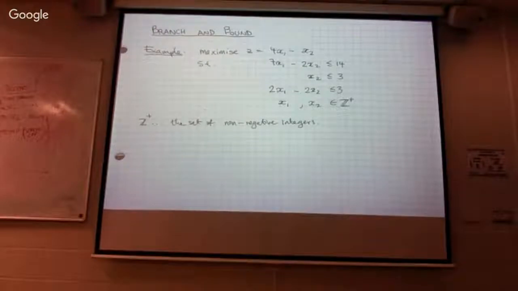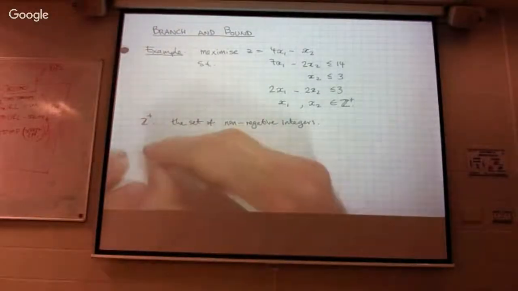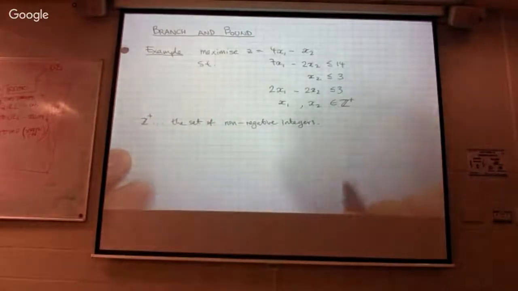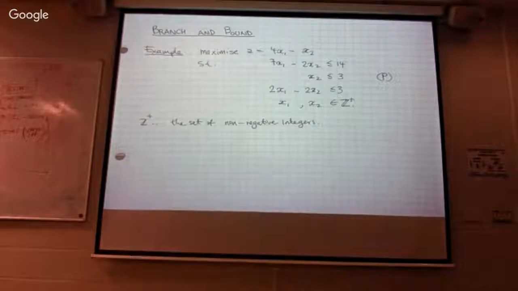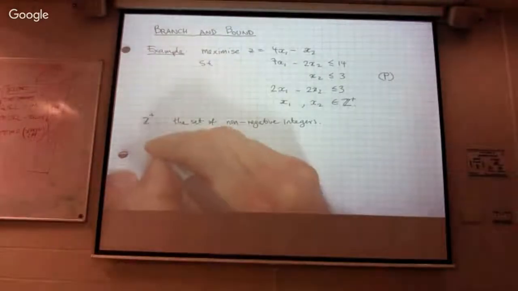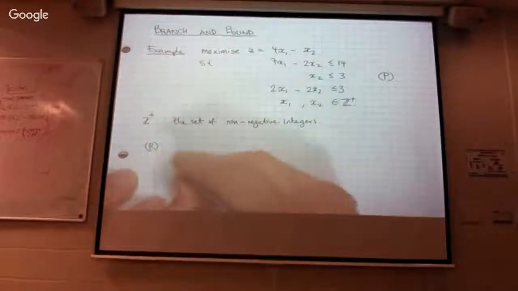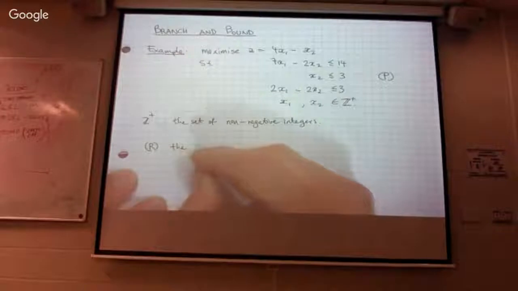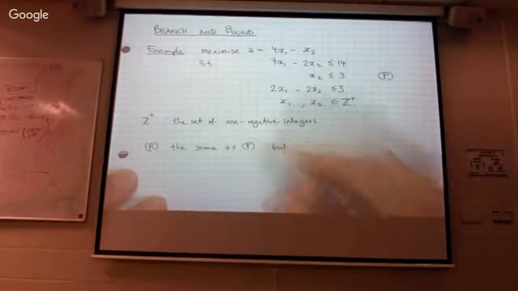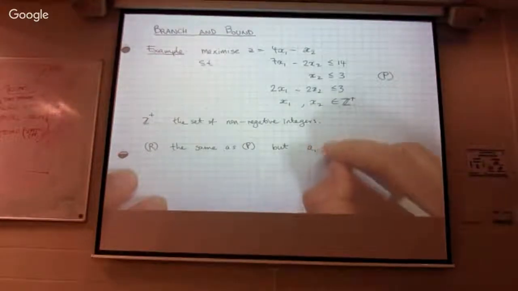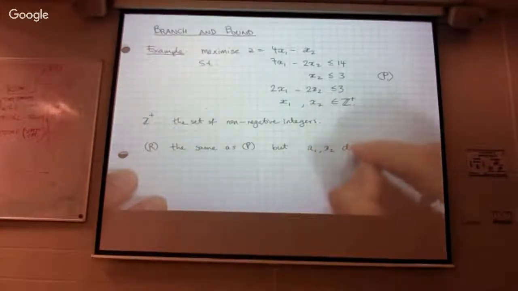So the idea is the following. I'll call this P. This is the problem we're trying to solve. And I'll define a problem R, which is the same as P, but x1 and x2 don't have to be integers.